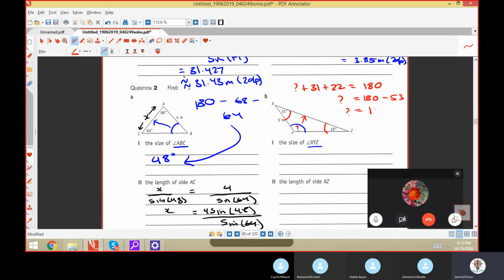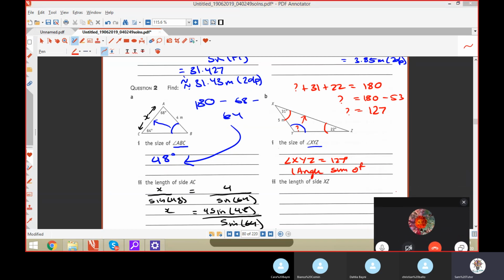You evaluate that, what is that? Trust the calculator. 127. Any issues with that? No, that's just geometry, right? So the answer for angle XYZ is 127. That's the reason, angle sum of triangle.